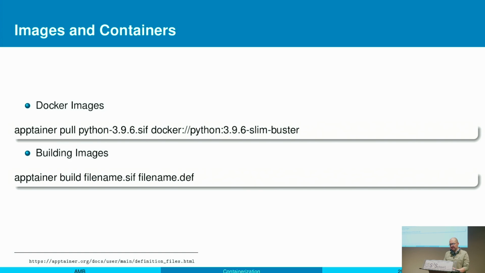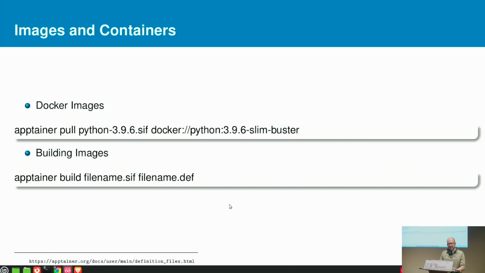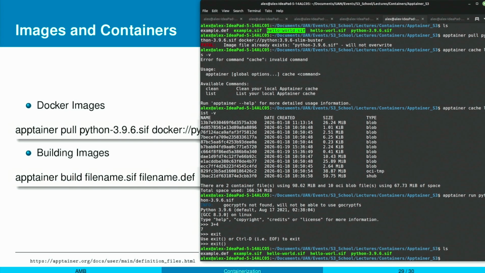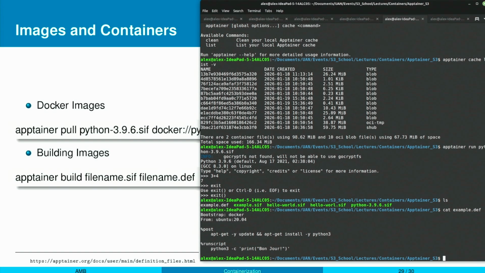And, well, of course, again, as in Podman and Docker, we were pulling images, but it's really cool if we can build our own image. In order to build an image in Apptainer, we have to define a definition file, which is this one that we see here.